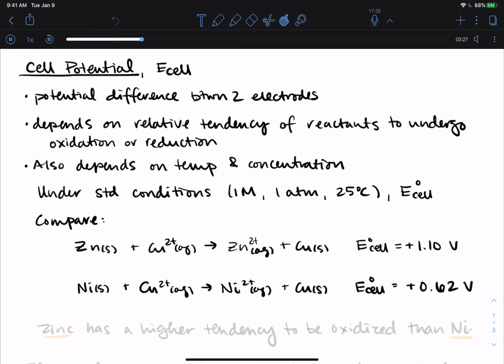So when you put zinc with copper, the potential difference is larger. And so what this is telling us is that zinc has a higher tendency to be oxidized than nickel.